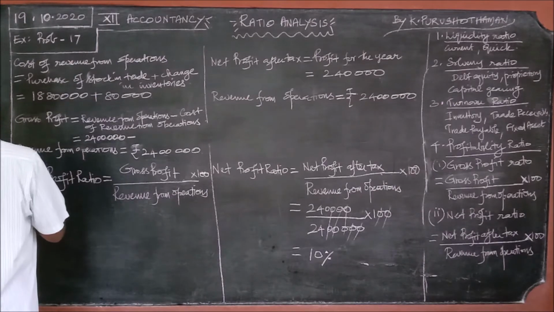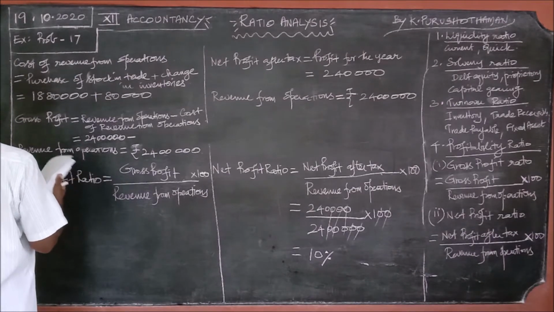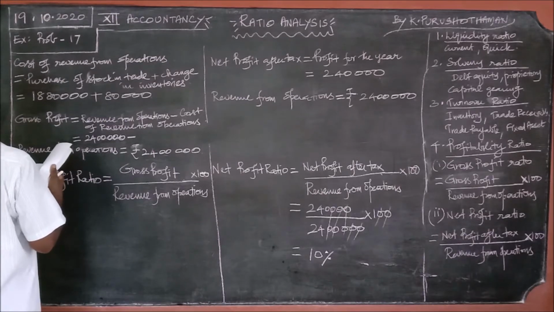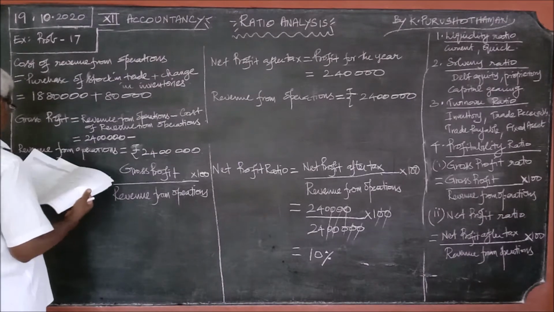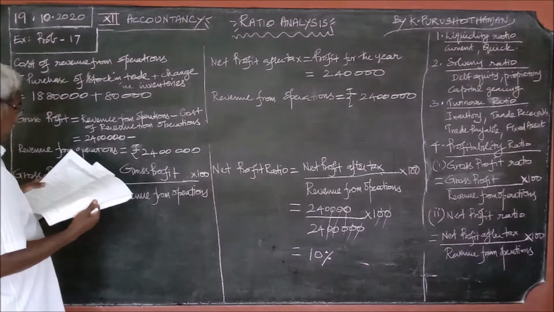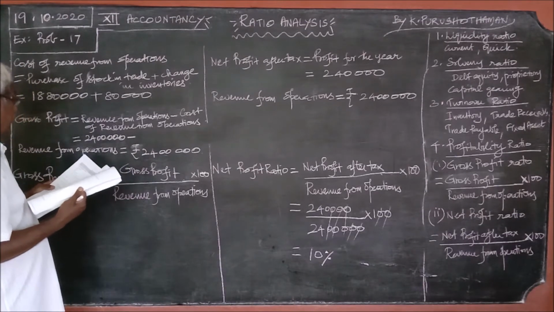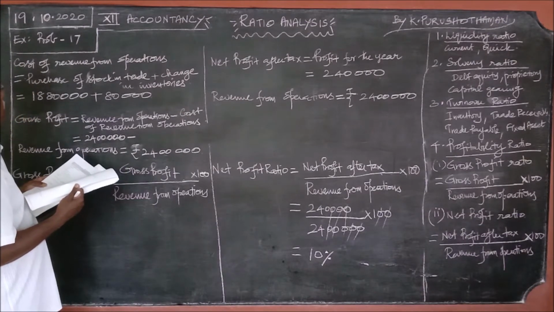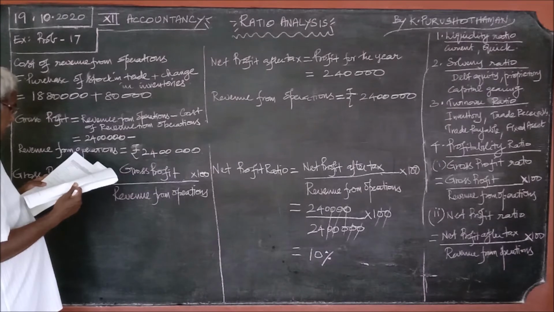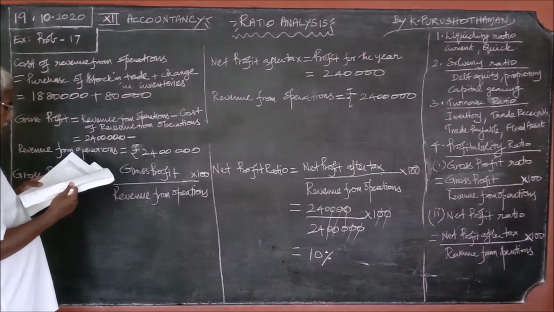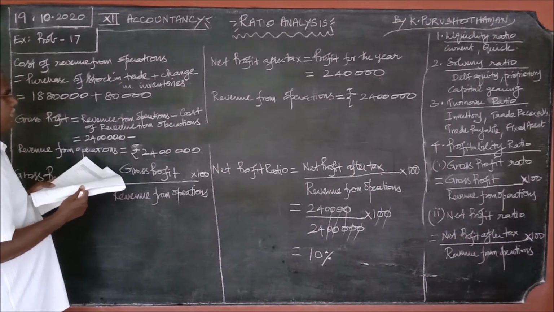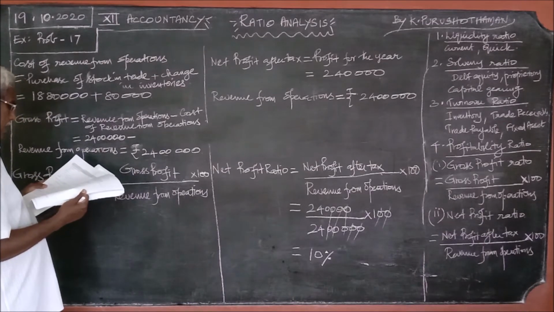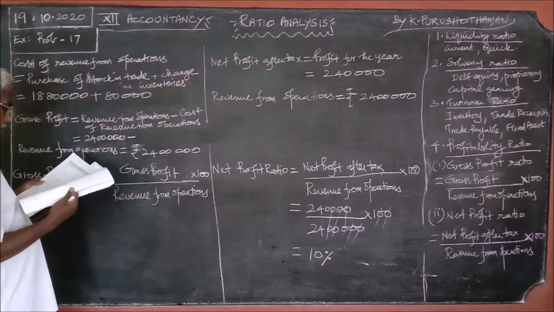Before writing the answer, we shall check it, given on page number 312. Cost of revenue from operations is equal to purchase of stock in trade, change in inventories plus direct expenses.